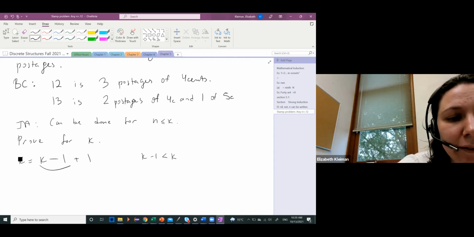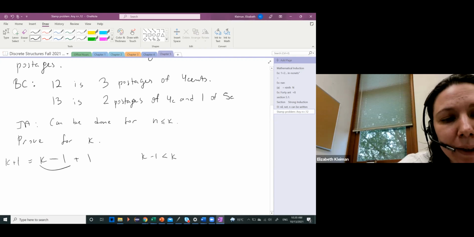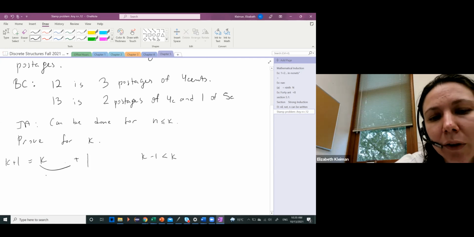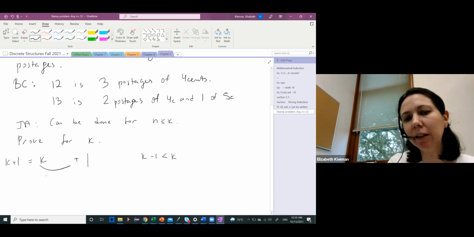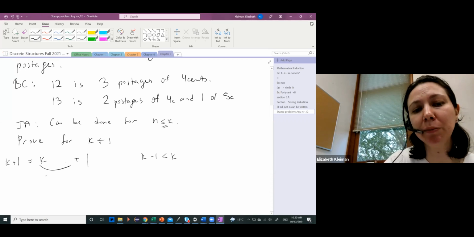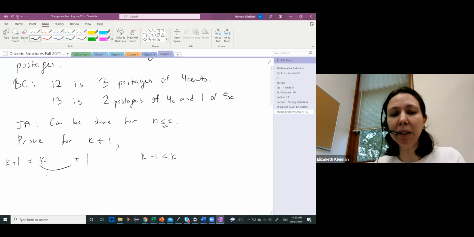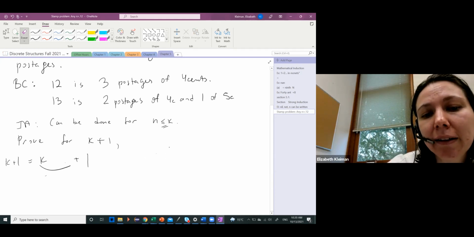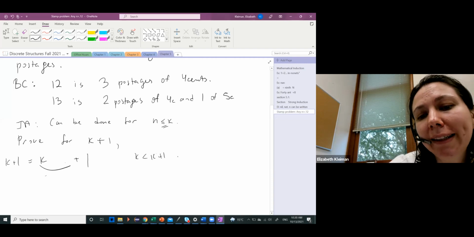You can do the same thing by saying k plus 1 and doing something like that. Looking at the k, okay? It depends if you're going to put equal here or not, okay? So we're proving for k plus 1 because I put equal. So k plus 1 is k plus 1, and k is less than k plus 1.